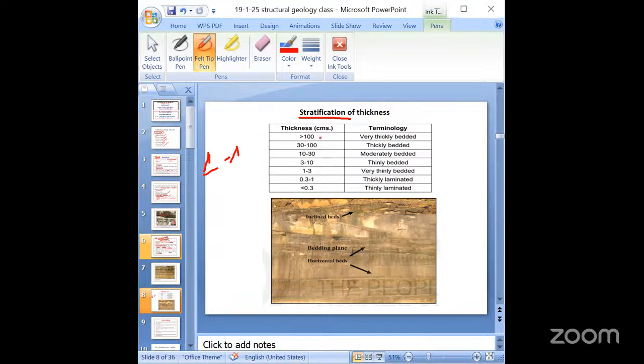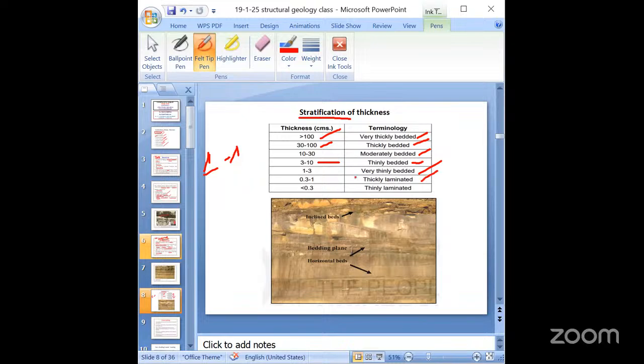So greater than 100, very thickly bedded; 30 to 100, thickly bedded; 10 to 30, moderately bedded; 3 to 10, thinly bedded; 1 to 3, very thinly bedded; and 0.3 to 1, thickly laminated.